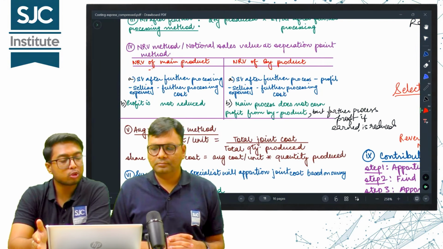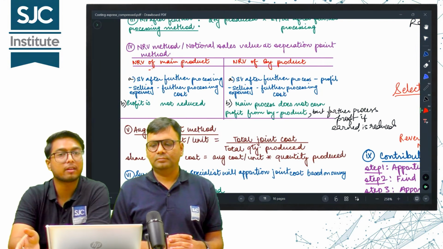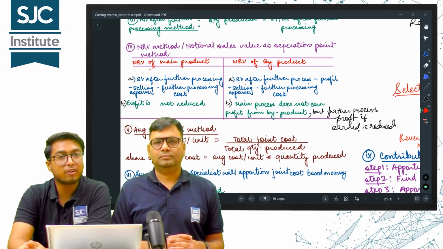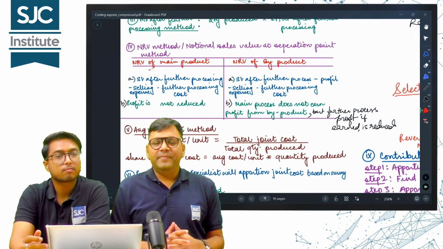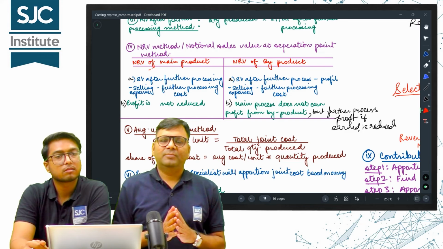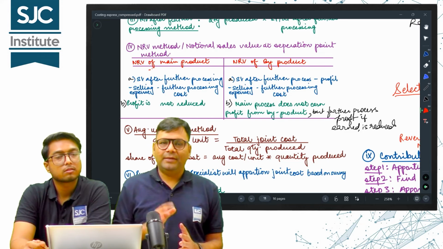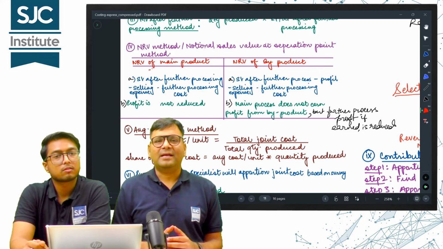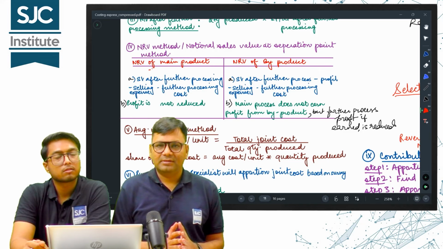NRV method or notional sales value at separation point method. How to compute the NRV of the main product? NRV of main product is computed using sales value after further processing minus two items: estimated selling expense and further processing cost.